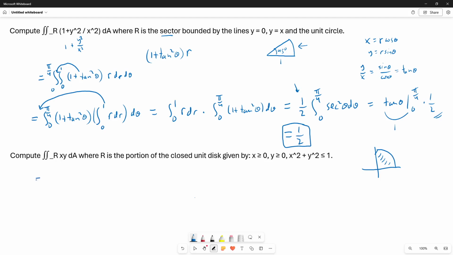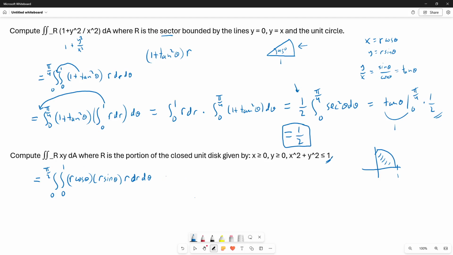So in polar coordinates, we're going to get a double integral. x is r cosine theta, y is r sine theta, and dA is r dr d theta. And the bounds: r goes from 0 to 1, this is the unit disk, and theta in the first quadrant goes from 0 to pi over 2.